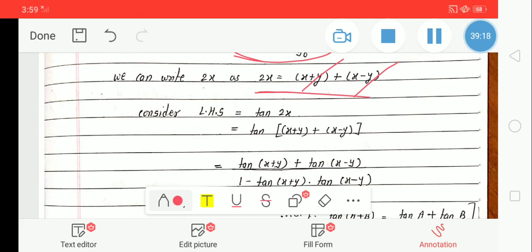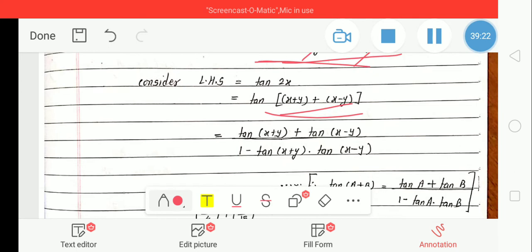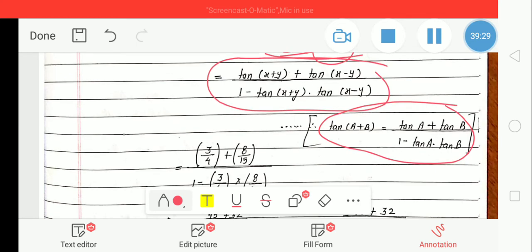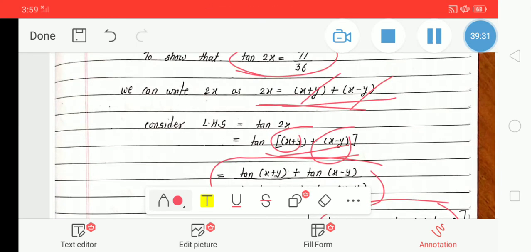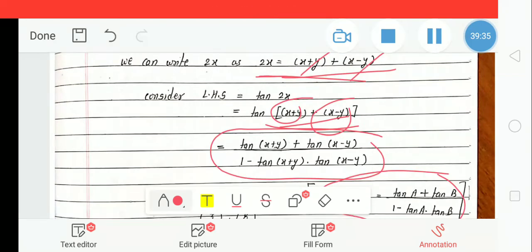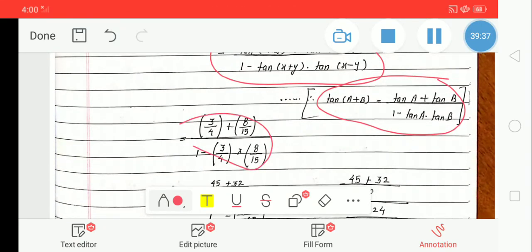LHS tan of 2x. We can write 2x as this value, with a and b, so we write it in this way using the formula, and put the values of tan of x plus y and tan of x minus y, as given.